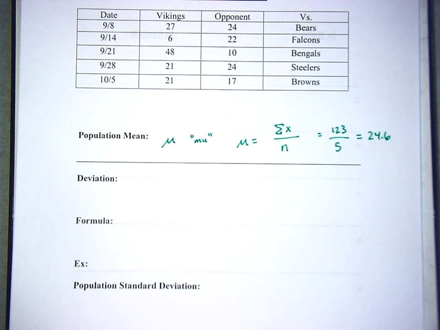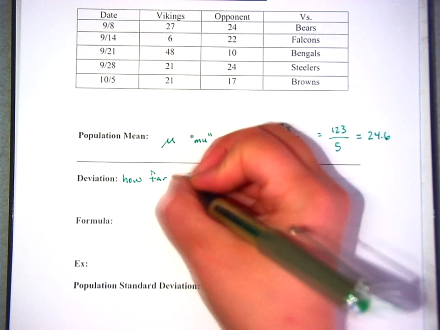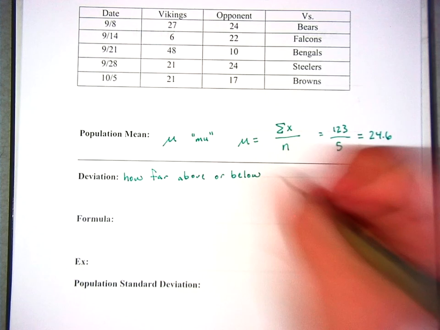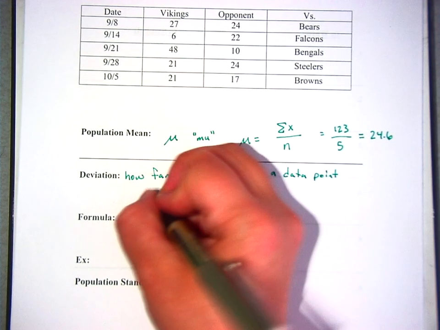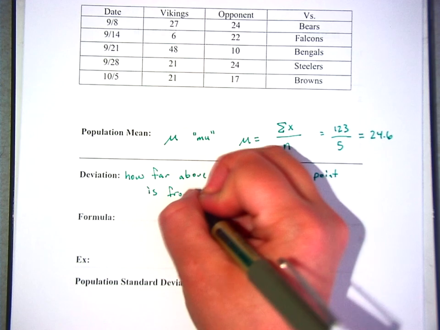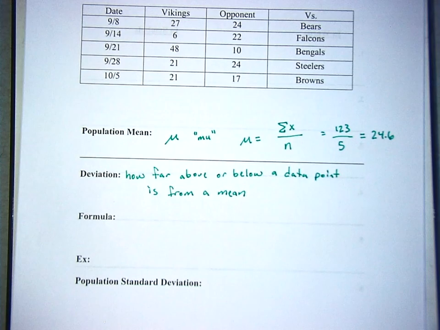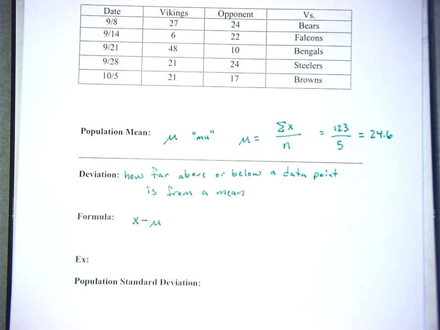A deviation is how far above or below a data point is from a mean. The formula is the data point minus the mean, x minus mu.